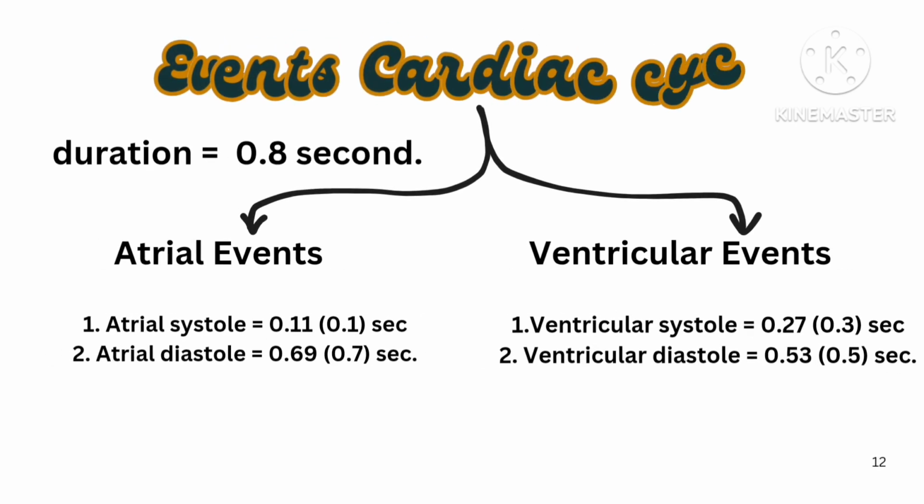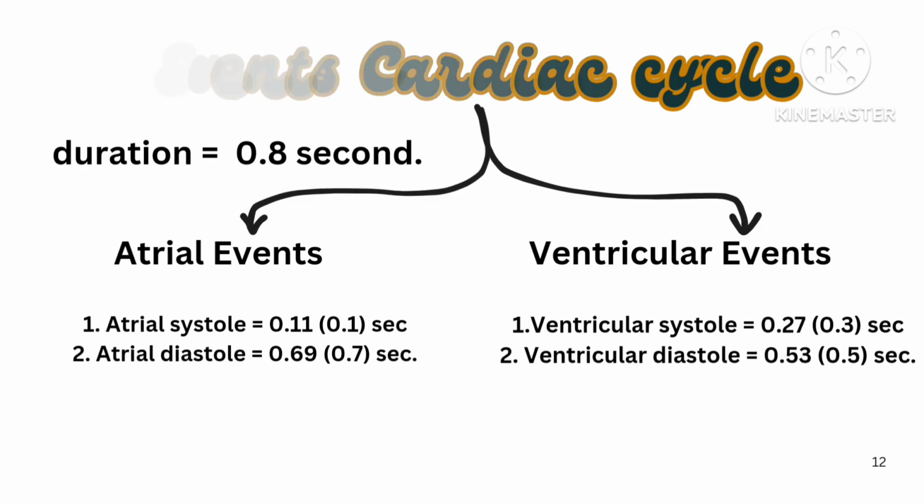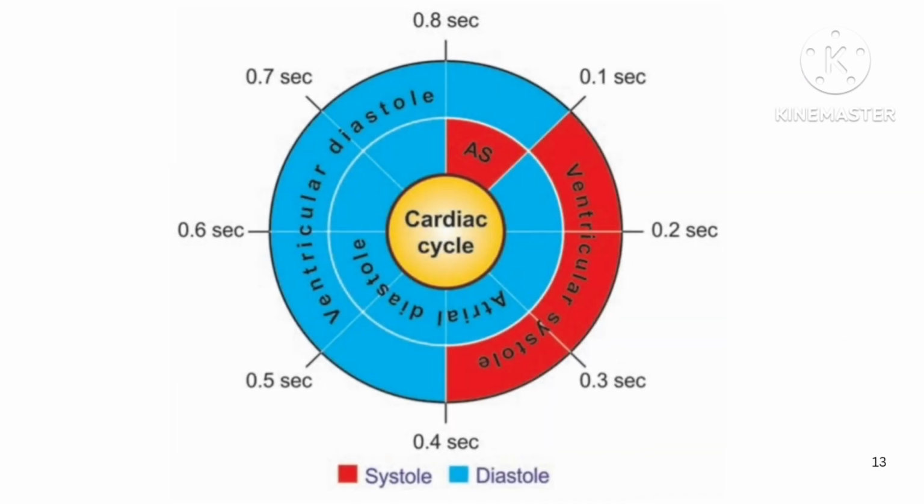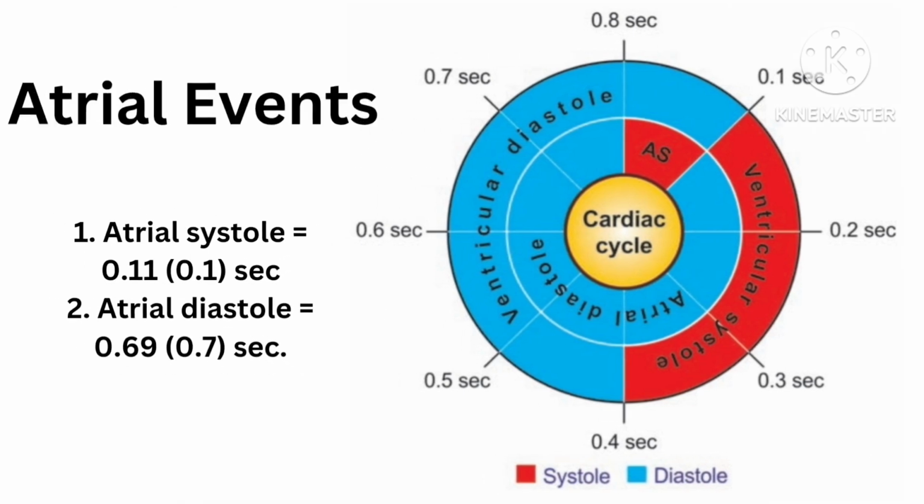The overall cardiac cycle duration is 0.8 seconds. It consists of two events, the atrial events and the ventricular events, which consist of atrial systole, atrial diastole, ventricular systole, and ventricular diastole. This is the cycle which is represented.